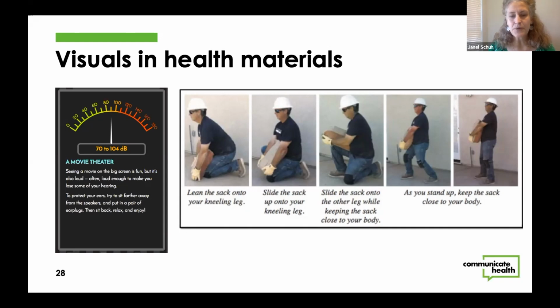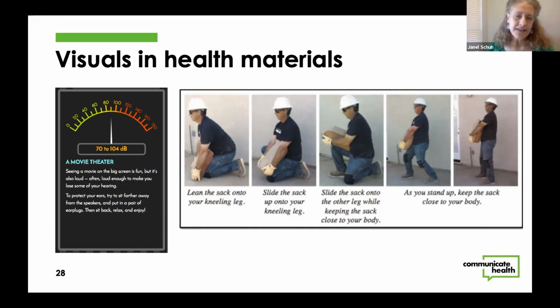The one on the right is from the Clear Communication Index User Guide. That's a CDC resource. This one shows the different steps of a process that is described using text. And you can imagine that you can think you're understanding what the words are saying, but seeing those actions displayed could actually help you to put that guidance into practice.